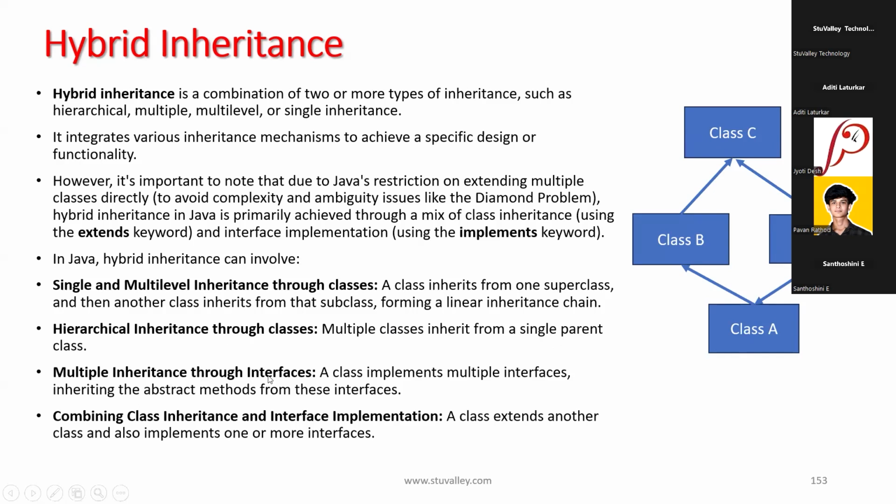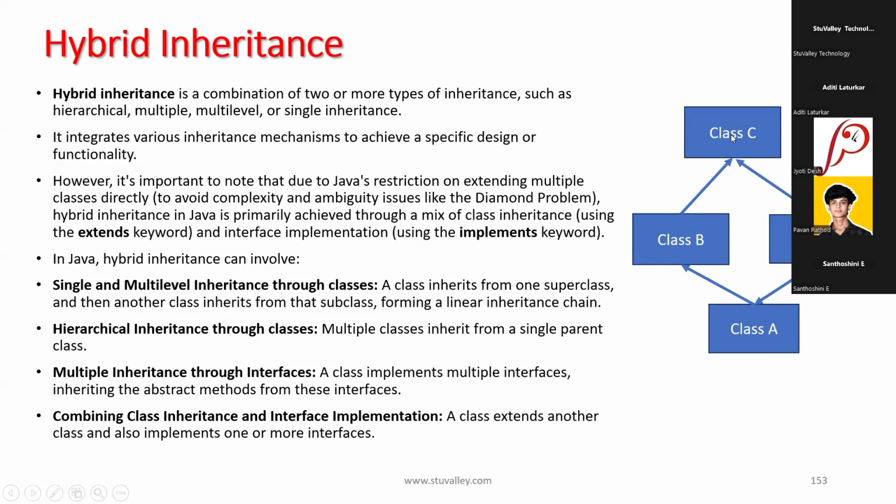Multiple inheritance we can achieve through interfaces, and by combining class inheritance and interface implementation together, we can achieve hybrid inheritance. So they are inheriting each other basically. Here there is one parent class and two child classes, which means this is hierarchical inheritance.